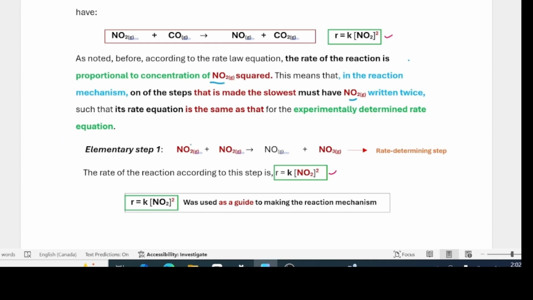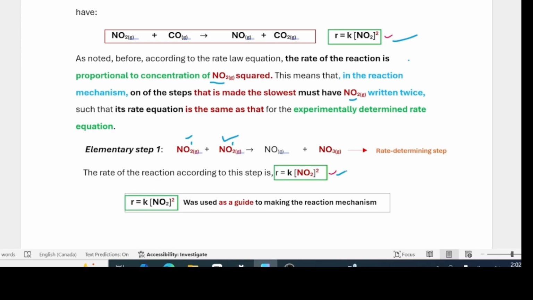You see, look, you must have this written twice, because each of these will have a rate order of 1, it will have a molecularity of 2, and the rate of this according to this elementary step will have this rate law equation, which is the same as this experimentally determined one.